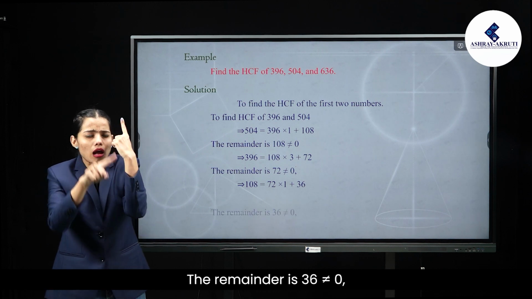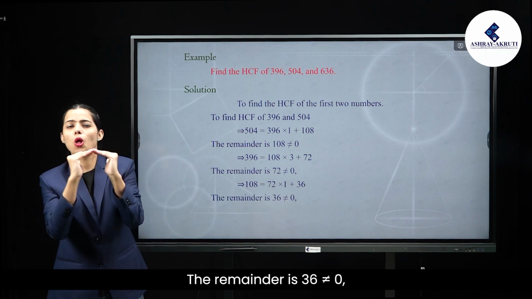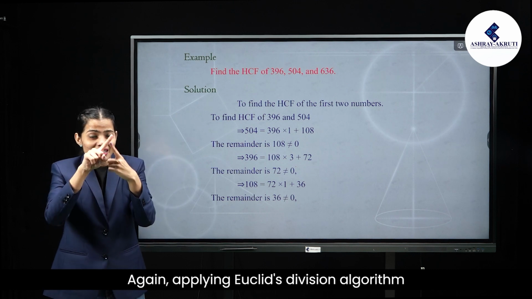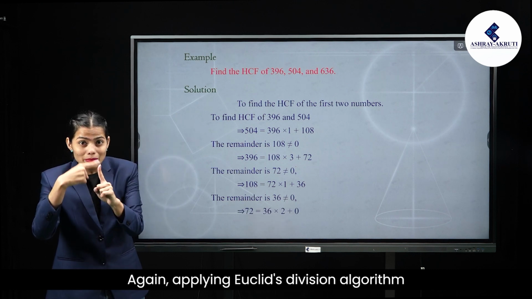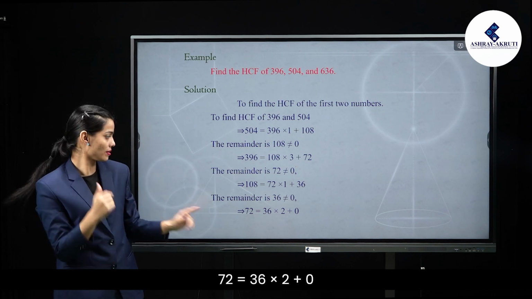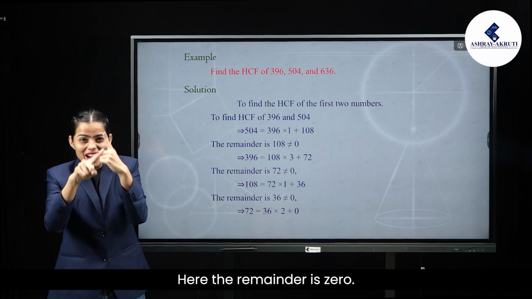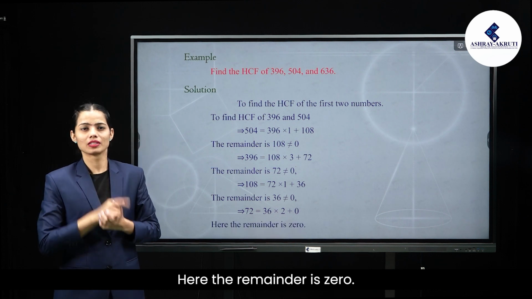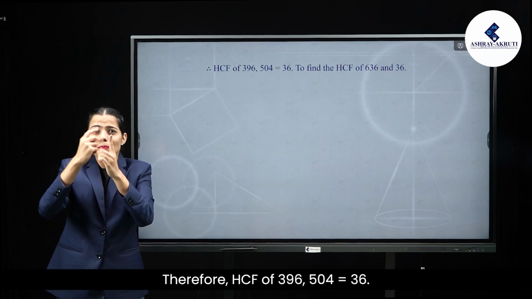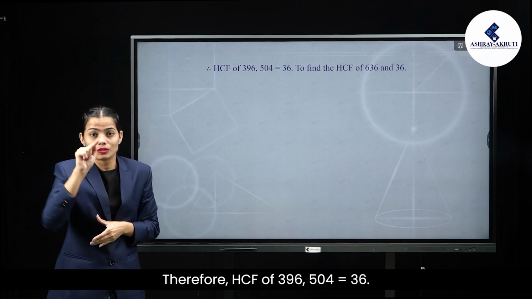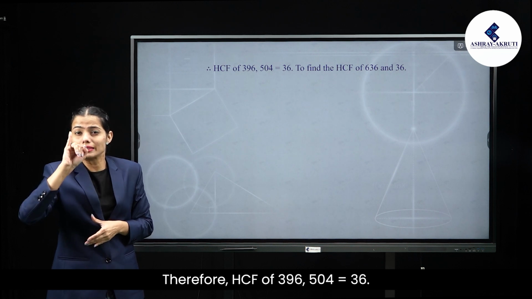The remainder 36 is not equal to 0. Again, applying Euclid's division algorithm, 72 = 36 × 2 + 0. Here, the remainder is 0. Therefore, HCF of 396 and 504 is equal to 36.